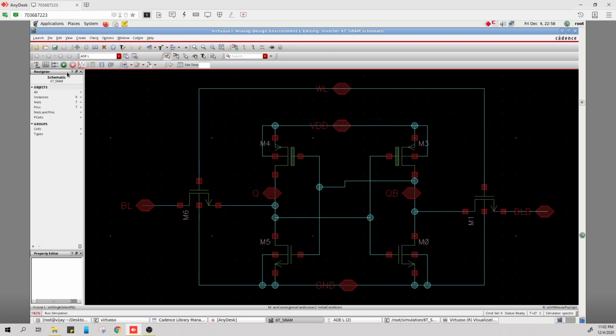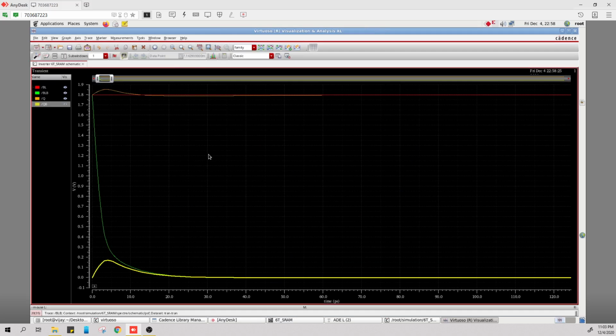So from both these graphs we can see what value is written in the memory. So here we have performed both the read and write operations for both the bits, read 0, read 1 and write 0, write 1. So this is the complete operation of 6T SRAM cells.